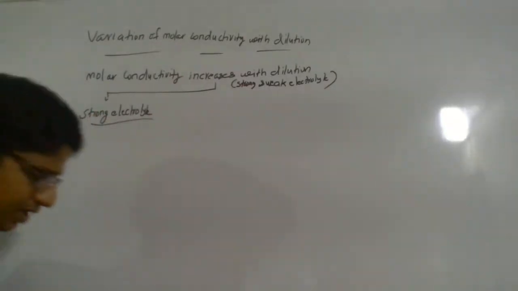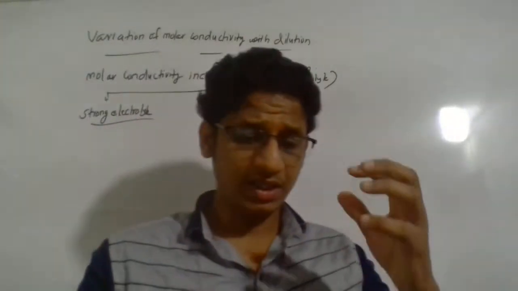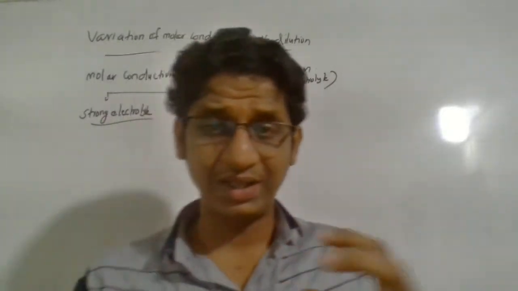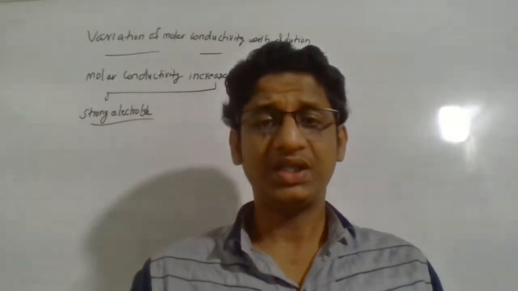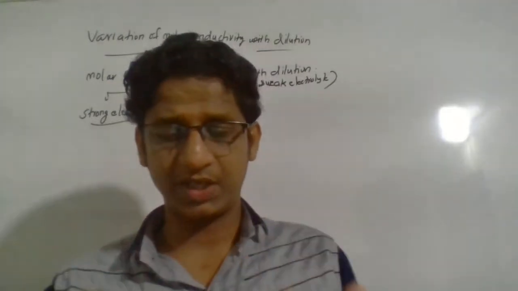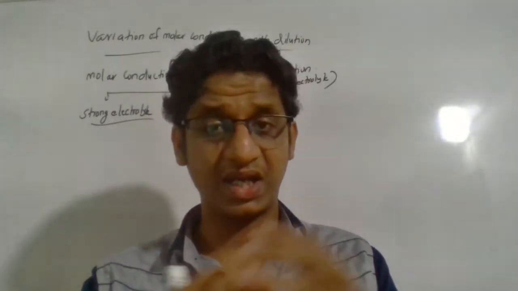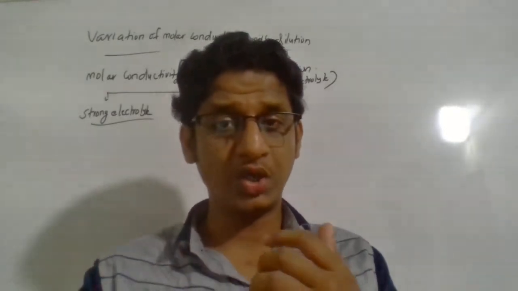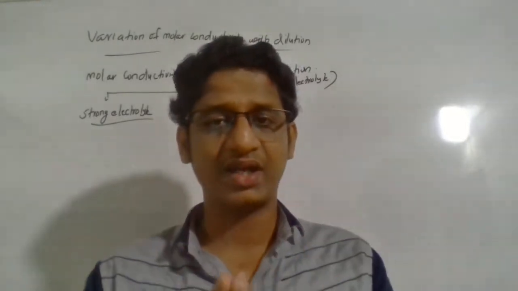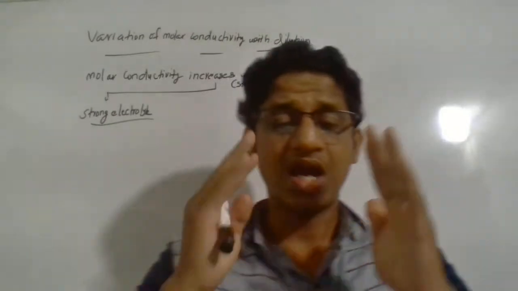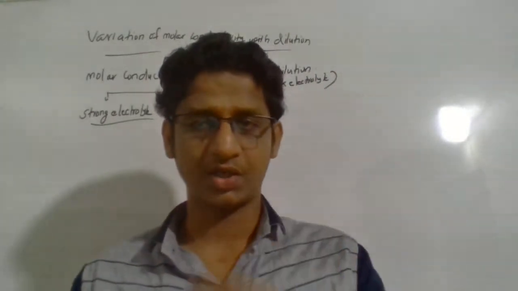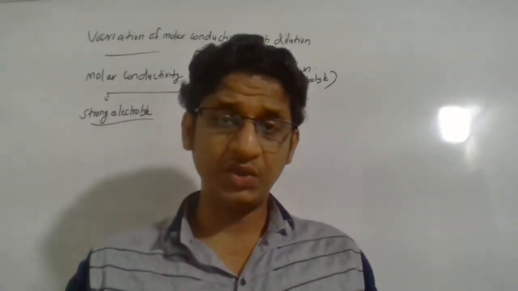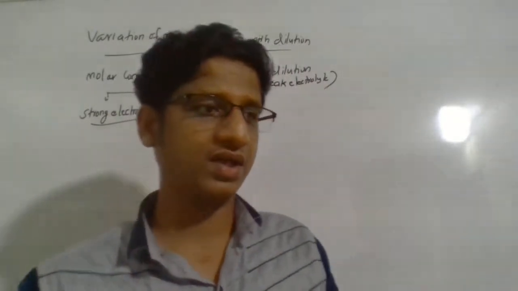For a strong electrolyte, the molar conductivity will increase regularly. That's because the electrolyte is already ionized. It doesn't have a low degree of ionization. Strong electrolytes are already ionized at a moderate concentration. When you dilute it, two factors come in.